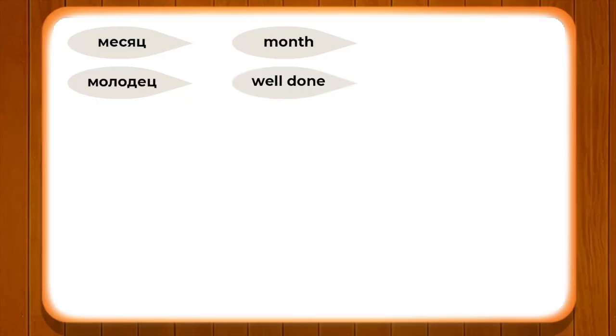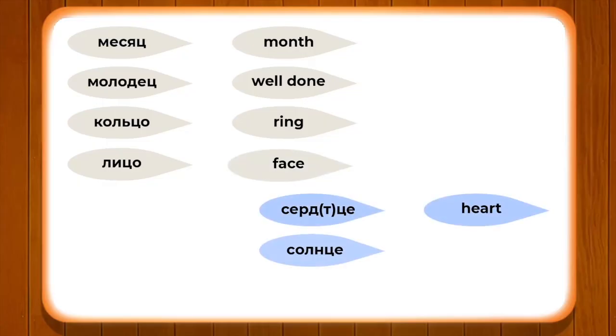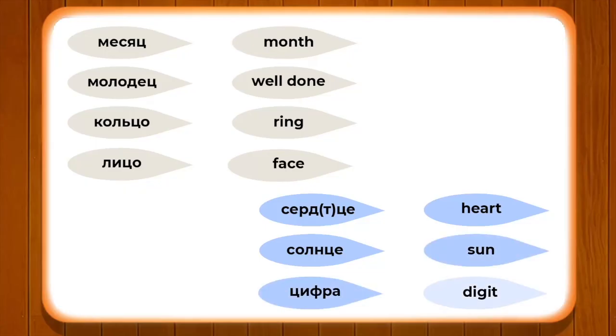Let us pay attention to the words again. Mesets means month, malajiets means well done, kalso means ring, litso means face, siertse means heart, sonse means sun, cifra means digit.